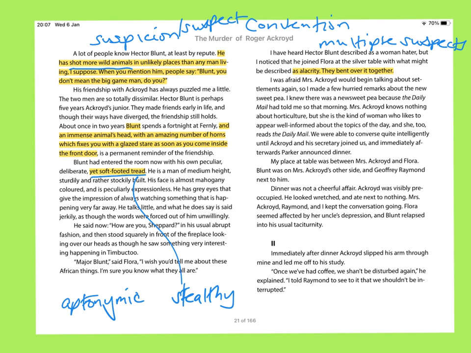At the level of Christie, look at this. So he's shot at an animal, as was quite common at the time, to mount an animal's head. "An immense animal's head with an amazing number of horns, which fixes you with a glazed stare as soon as you come inside the front door." Christie there, I think, is hinting at some kind of paranoia and guilt from James Shepherd.